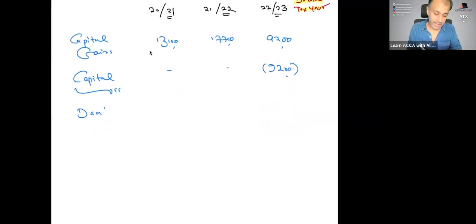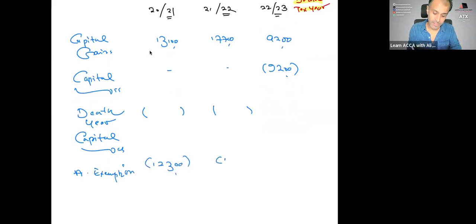But then the death year capital loss will be relieved by carrying it back to the last 3 tax years, to the extent that it should not affect the annual exemption. So we can write the annual exemption in advance. You see, I'm using the same technique one more time, so as not to waste my exemption, I have been able to write them in advance. That should not be the case for the current tax year, because by relieving the current year loss, you still can waste it, not a big deal.